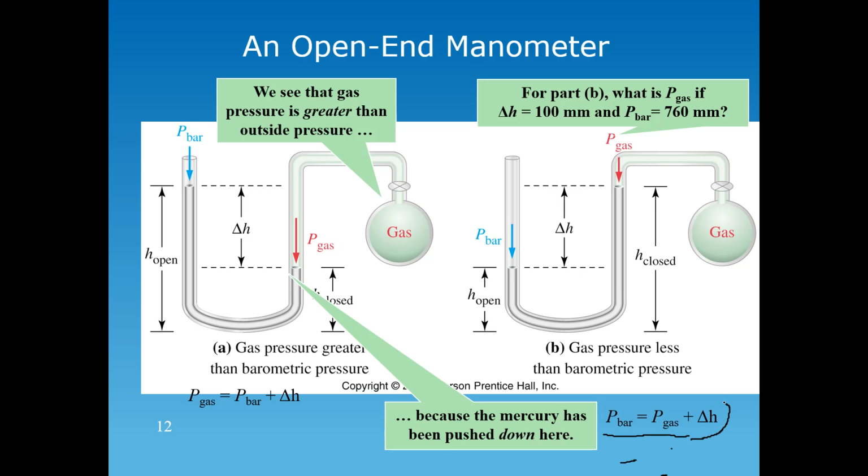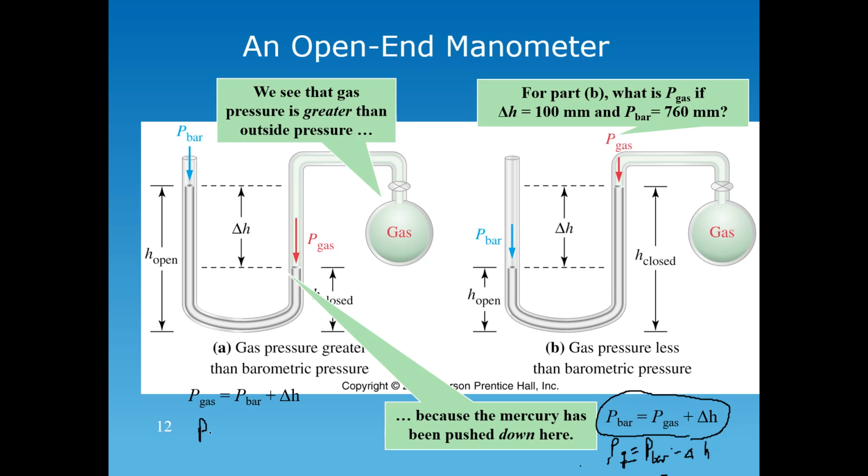All right, we have to rearrange this equation here to solve for the pressure of the gas. So basically, P gas would be equal to P bar minus delta H. In fact, let me just go over here and do it over here.